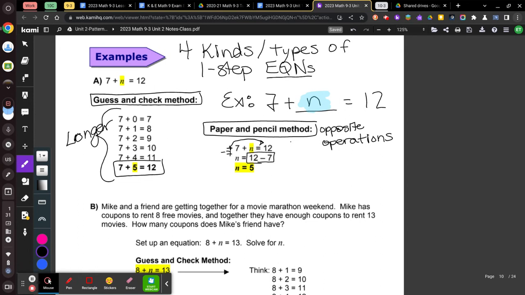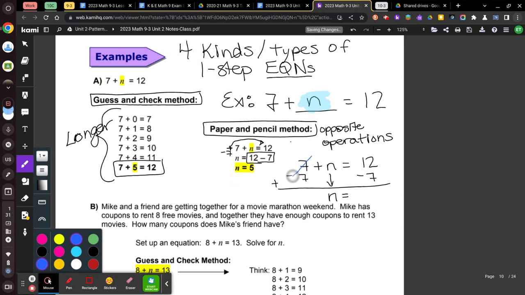If I write it differently, I would have 7 plus my n equals 12. I subtract 7 from both sides. Now I add it up. When we add it up, you get your letter left over. On the left side, the 7s cancel out and disappear.